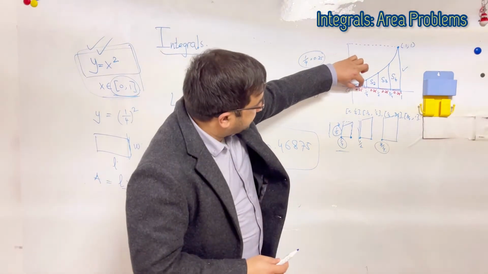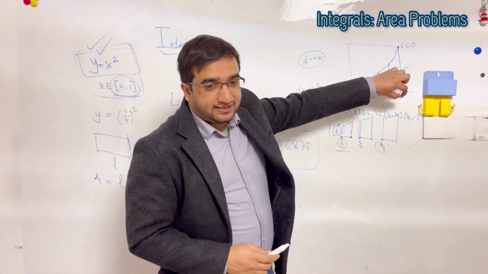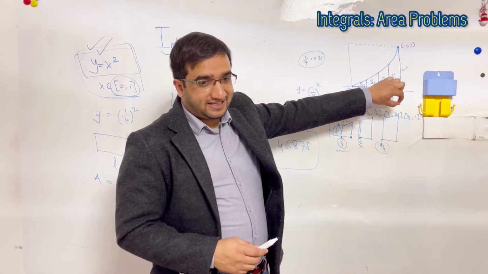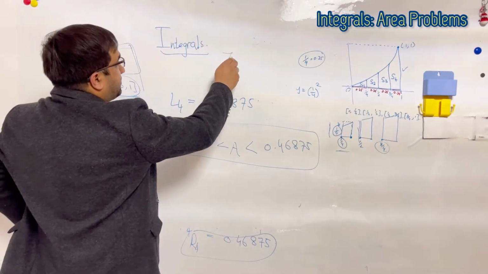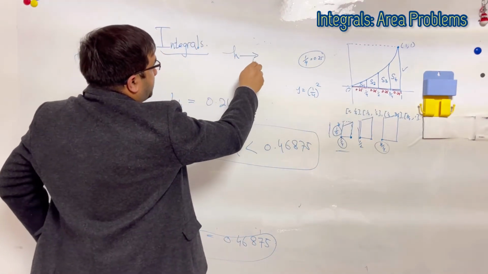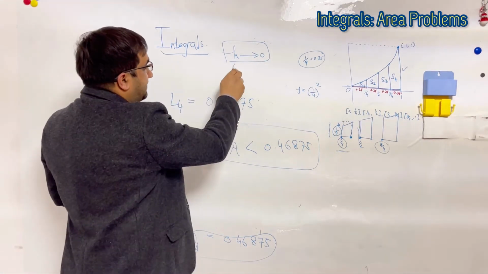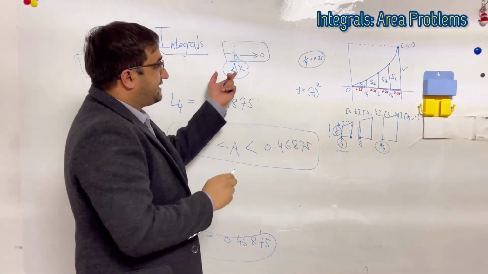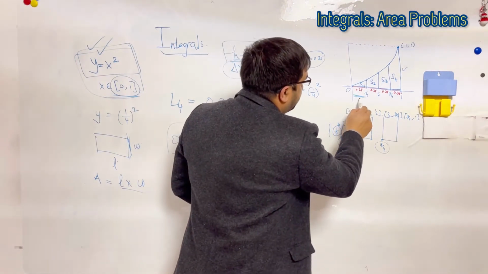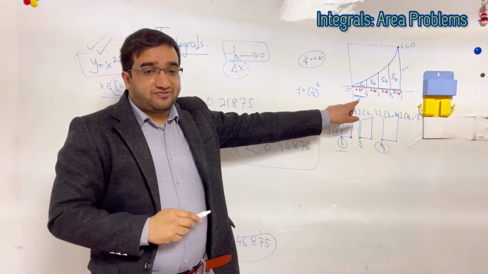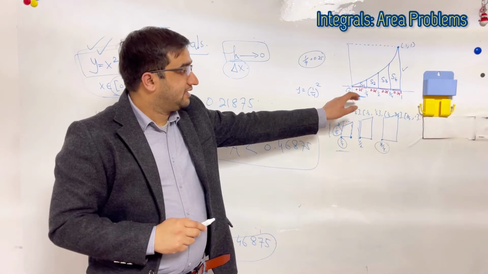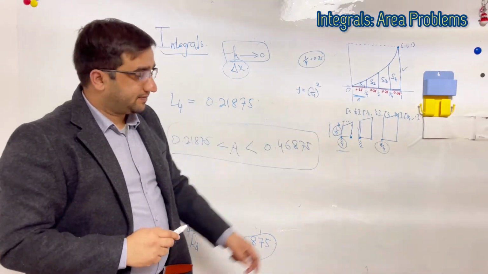The smaller you take these slices, the more accurate the area will be. That is why we always assume that my h approaches 0. This h is dx, del x, this small region. Whenever you take this infinitely many times smaller, the accuracy will be greater.